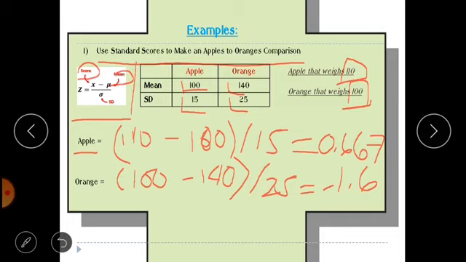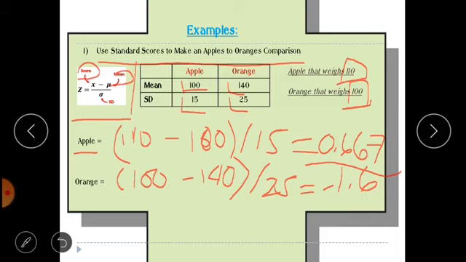Okay, so yung z-score for the apple na 0.667 is positive, diba? O, kung mapapansin nyo, positive. Which means na yung apple natin way more than the average apple.